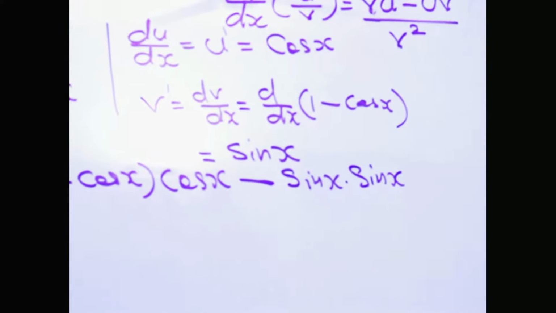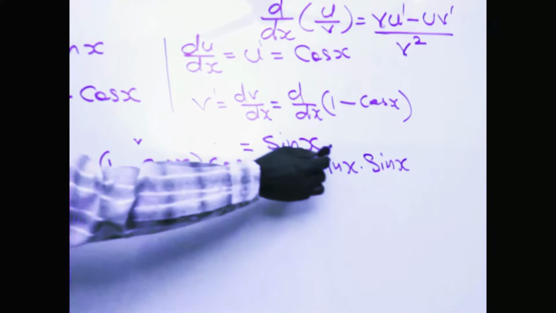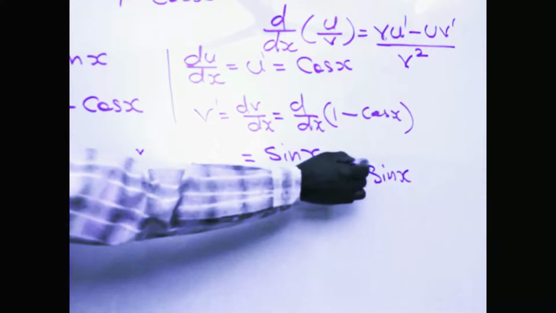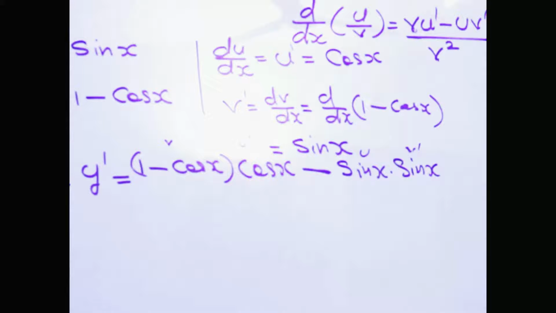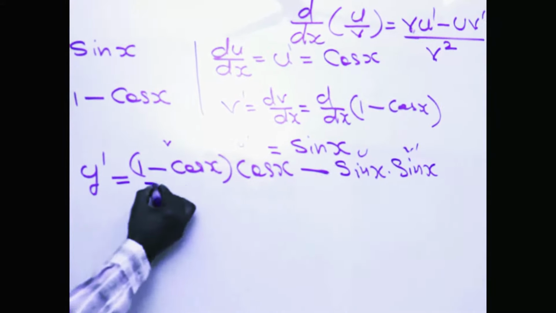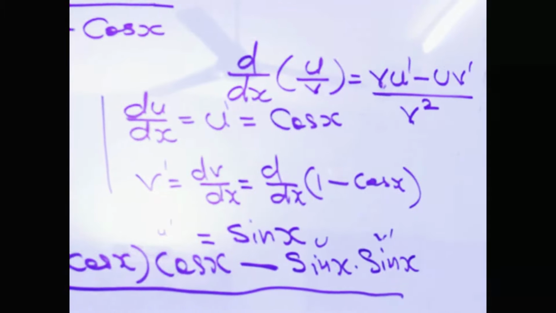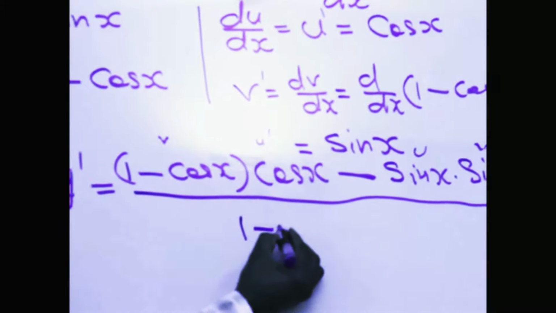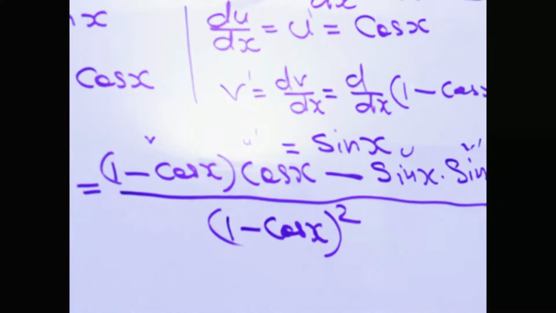This completes the numerator, divided by v square. The denominator is v square, and we do not take the differential of that term. So v square is 1 minus cos x all square.